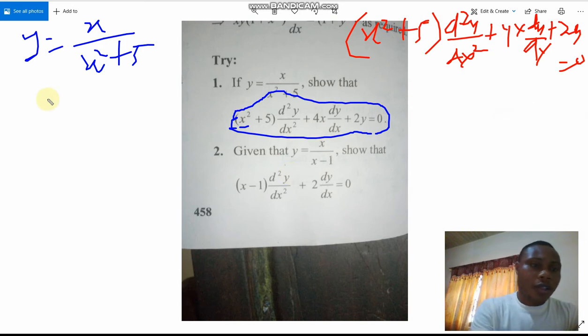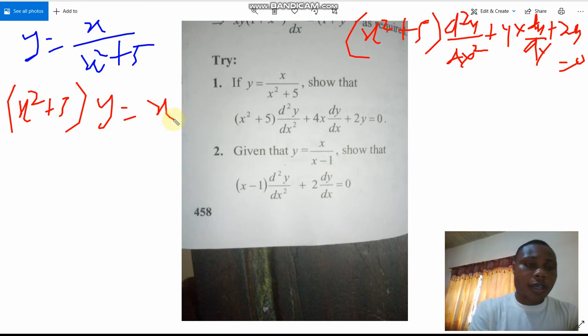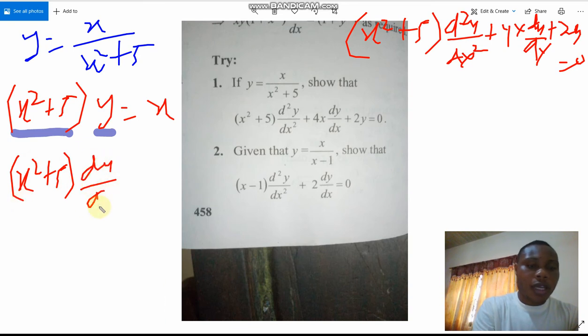So let's come back to our question. If you have this, you just multiply through by the LCM, which is x squared plus 5. That will give me (x squared plus 5) multiplying y is equal to x. So I'll differentiate through with respect to x. I'll consider this one as a product: this one is one function and this one is another function. So if I consider it as a product, I'll maintain x squared plus 5 and differentiate y, I'll get dy/dx.